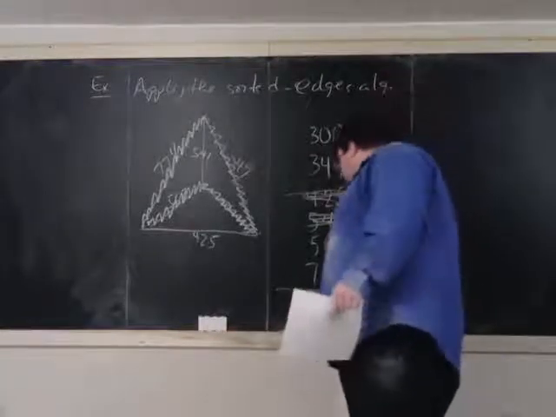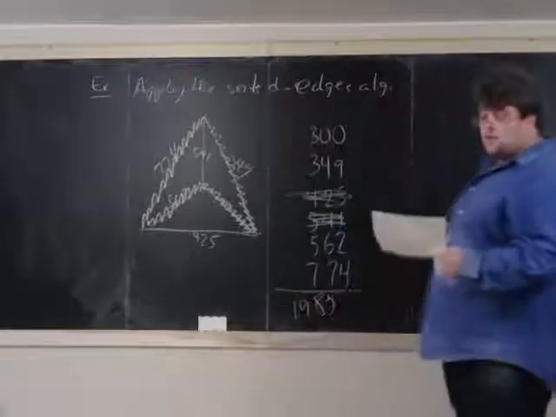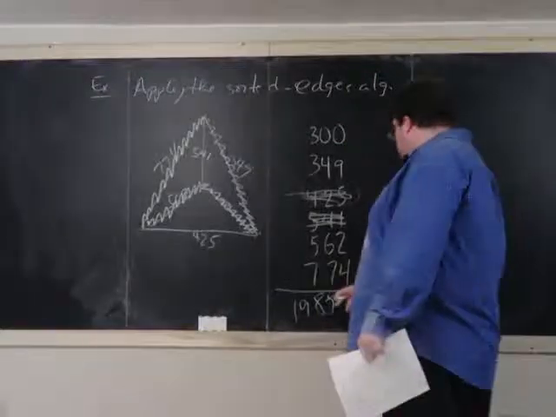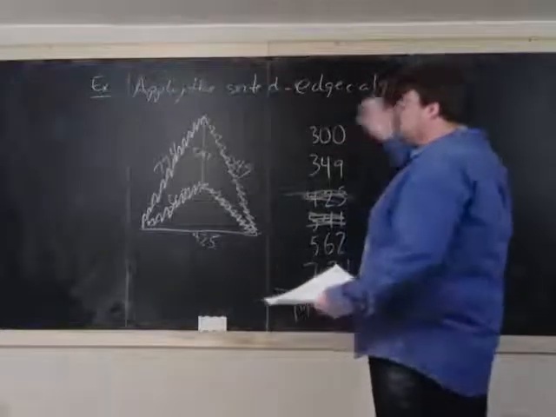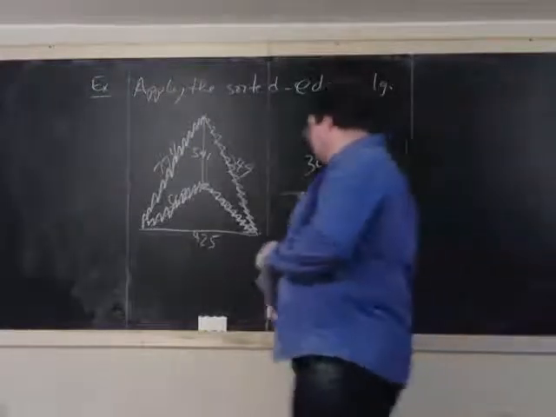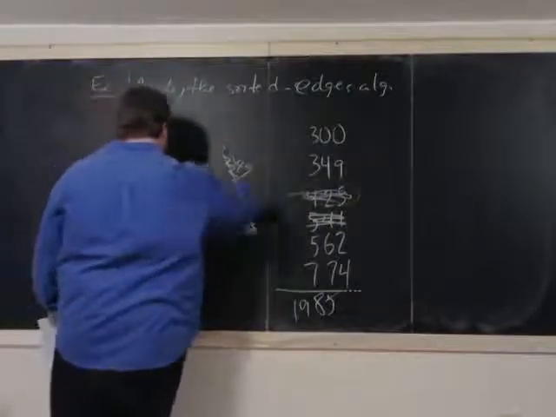Add these all together, you get 1985, which is not optimal. I didn't add those together in my head. It's written down. This is not the optimal choice, but this is what this algorithm gave us. Not the worst choice. The nearest neighbor, I believe, did give us the worst choice.